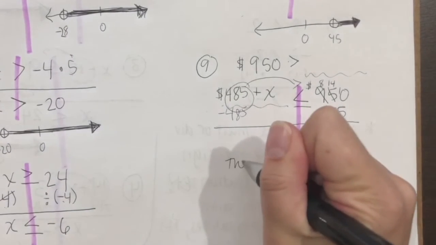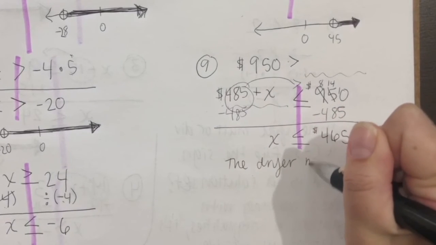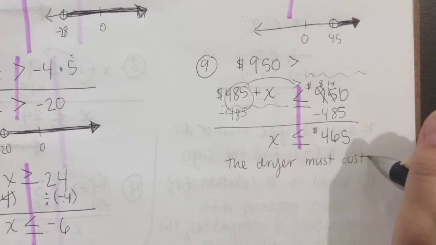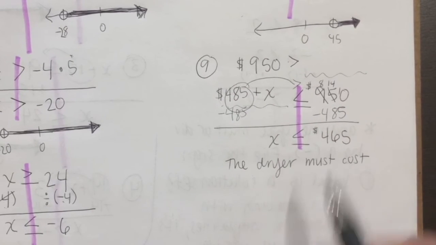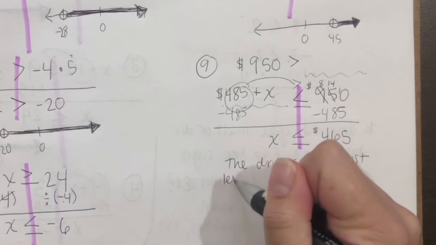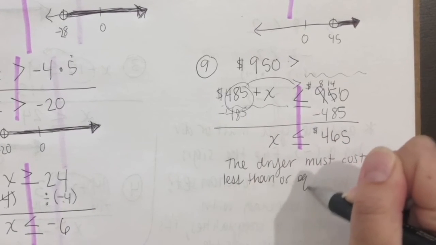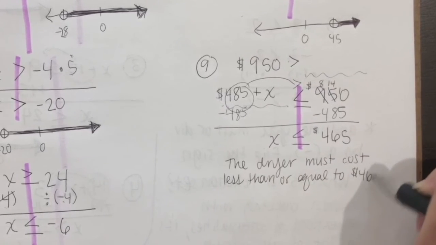So the dryer must cost less than or equal to 465.